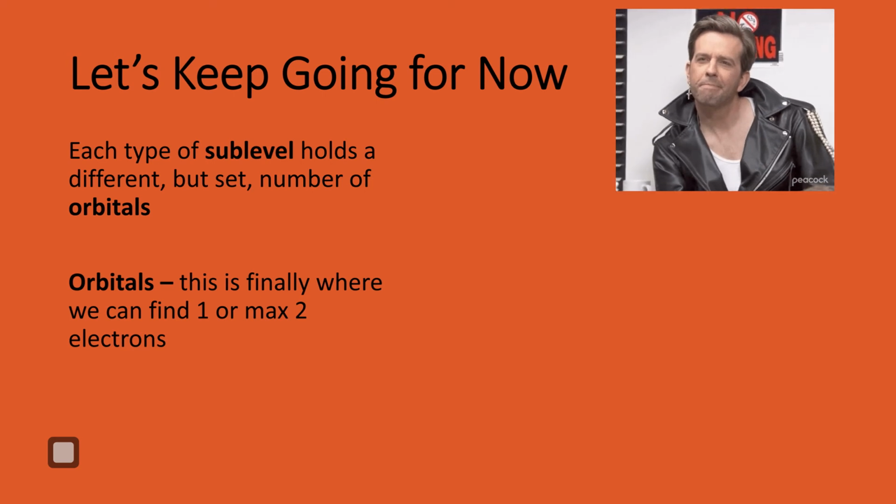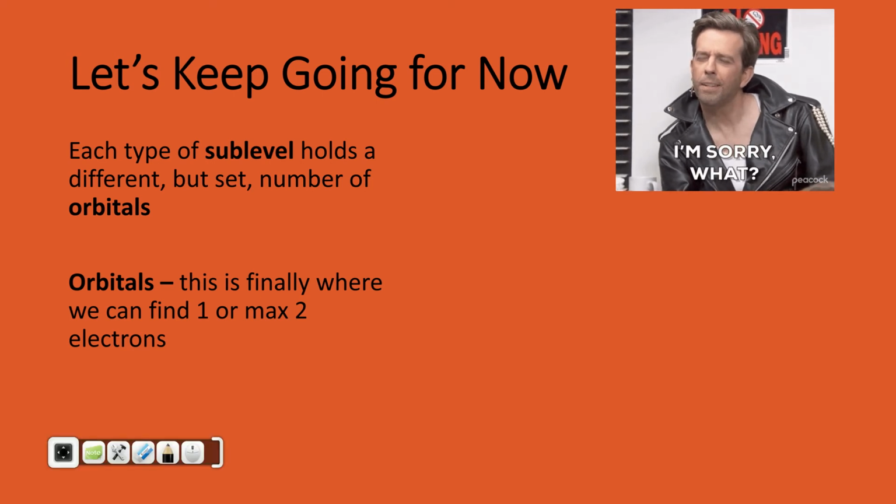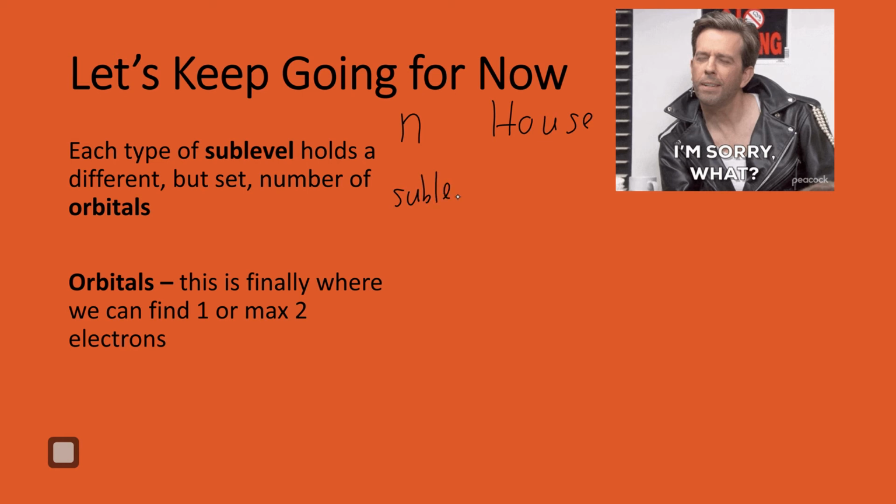So again, if I do a little bit of an analogy, I'm going to narrow it down a little bit. The principal energy level would be like a house. The sublevel would be the floor. So if we're saying, where are you? We could say, well, you're at least in the house.